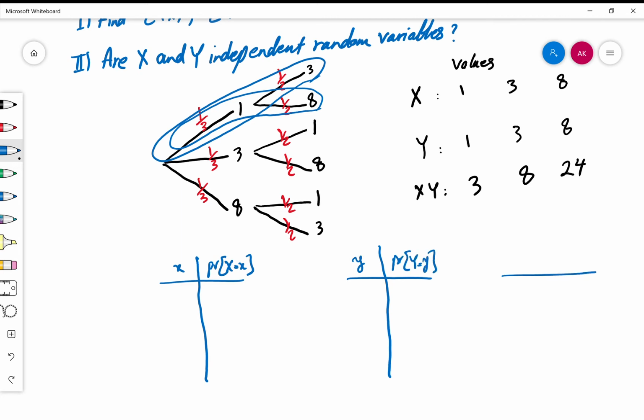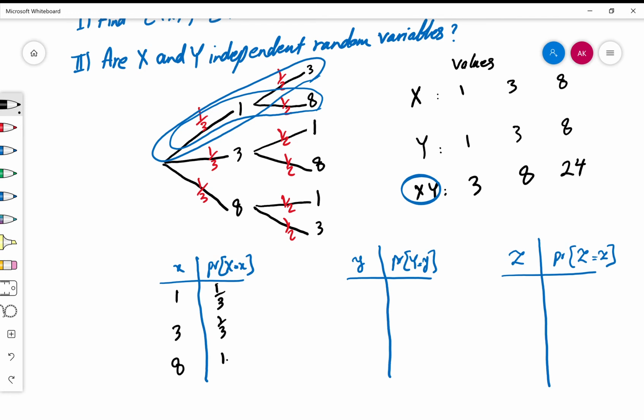And for the third one, let me write this as z, probability of Z being equal to z. Okay, what are the values? 1, 3, and 8. The probability of each one is, sorry, 1/3. The probability that 1 comes out is 1/3, 1/3, and 1/3.